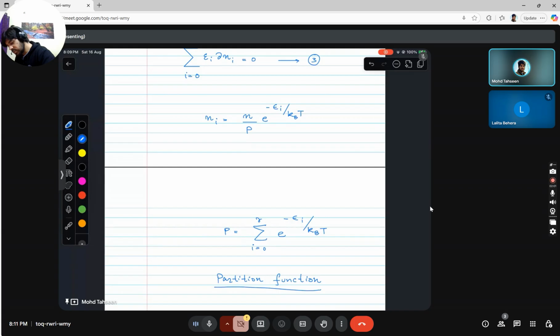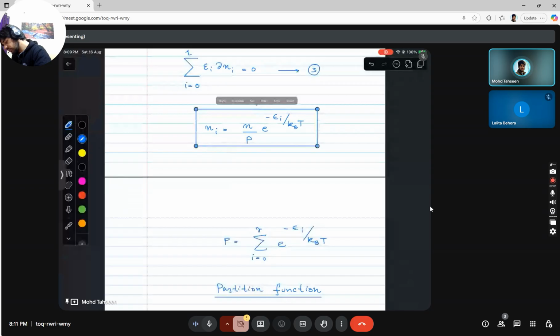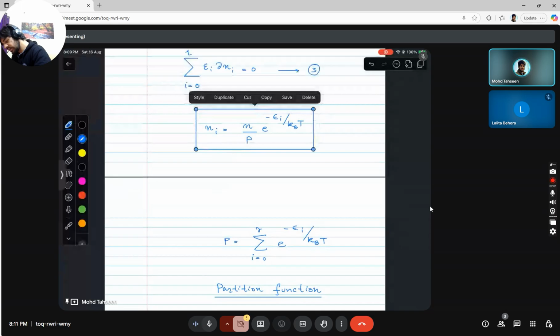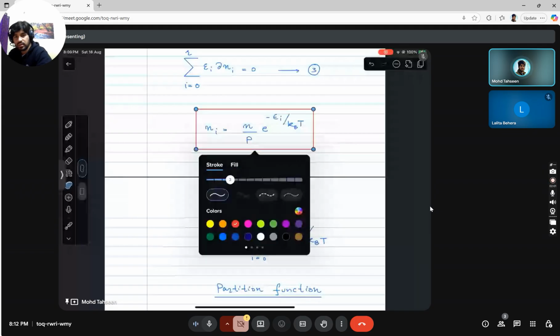Okay, so these are all just mathematical steps. This comes out naturally, but the important thing to notice here is that this formula relates Ni. Ni is now the number of particles in the energy level epsilon i, right?